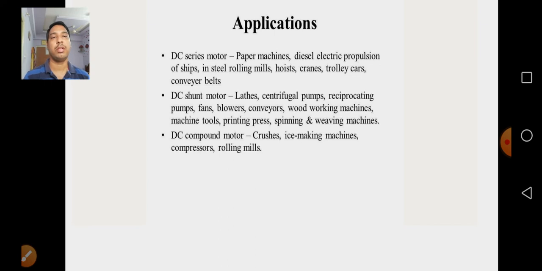So this is about the different types of machines for specific applications. With this, the DC motor speed control methods and the specific applications part is completed.